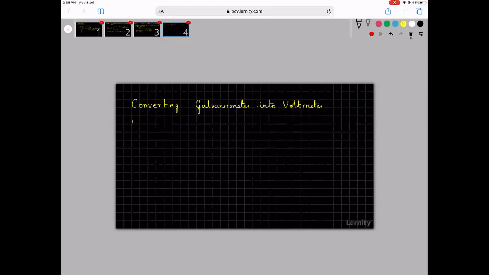So it is connected in parallel across a resistor. Now, because it is connected in parallel, it should have high resistance.